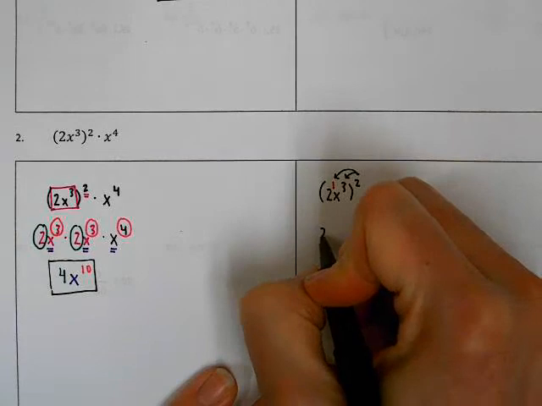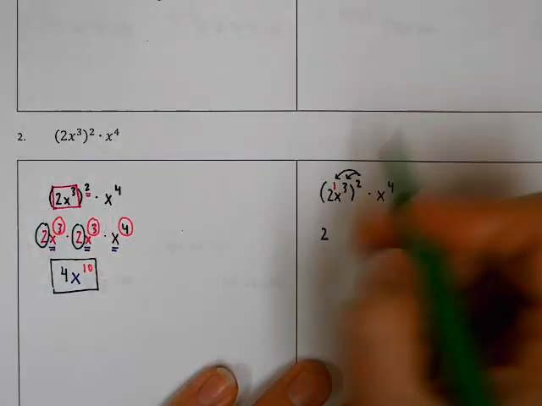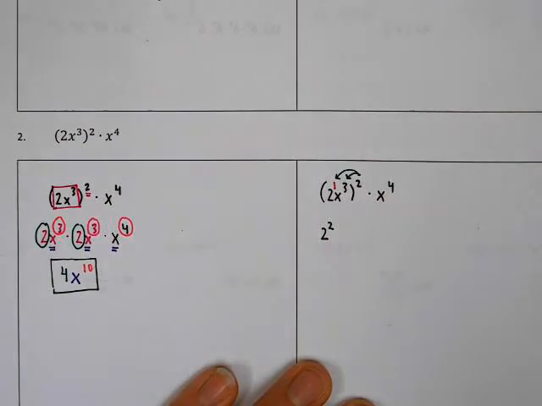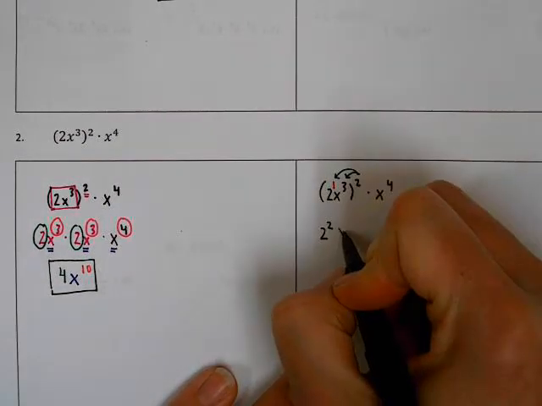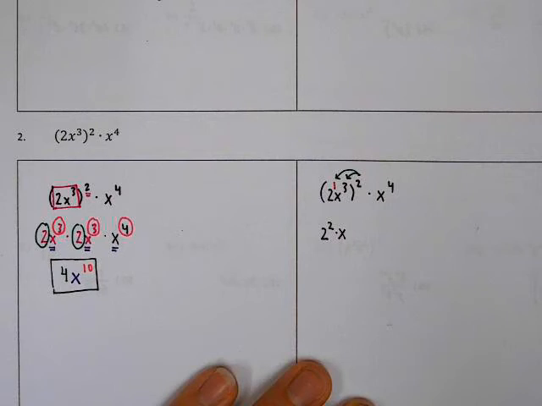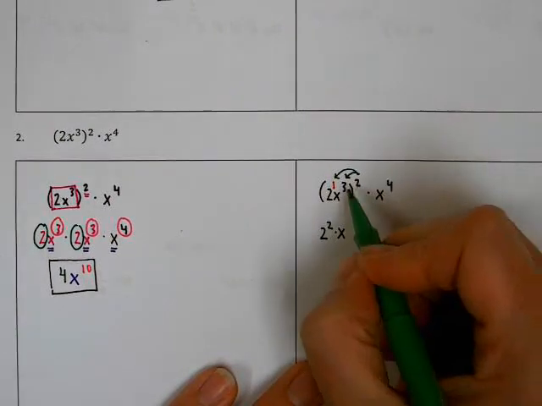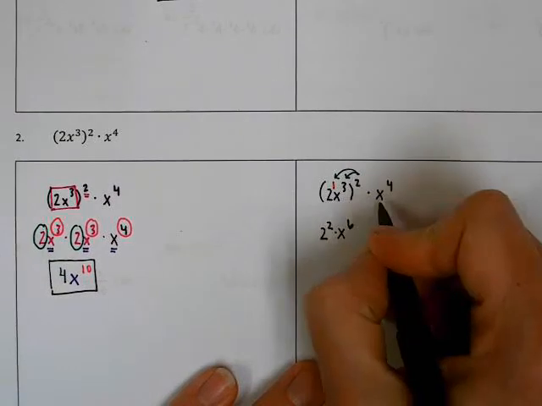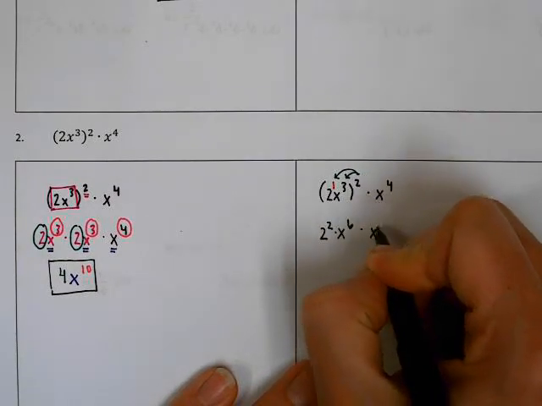So my base of 2 here is going to have an exponent of 2 times 1, which is 2. My base of x is going to have an exponent of 2 times 3, which is 6. And then I'm still going to multiply by this x to the fourth.